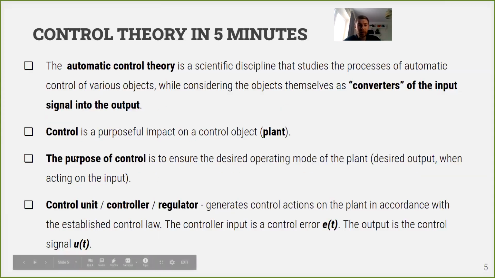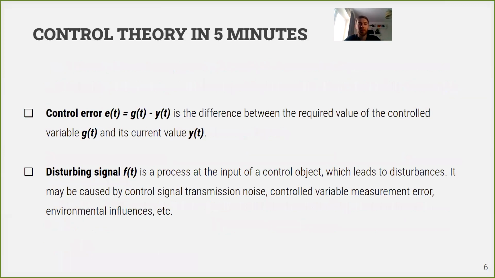So the control itself, automatic control, would be really, really simple if the world were perfect and there were no external disturbances. So sending, for example, voltage to the motor, we would expect a particular number of revolutions of the motor shaft, because the motor would be perfect, there would be no external forces acting on the motor, and everything would be simple.